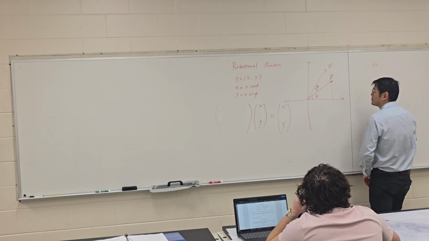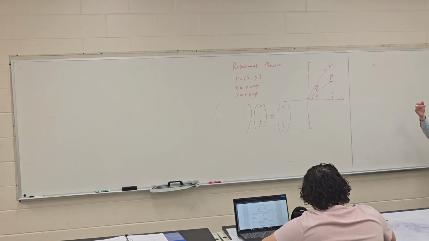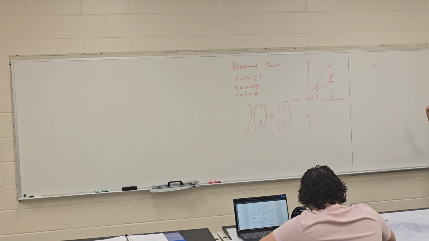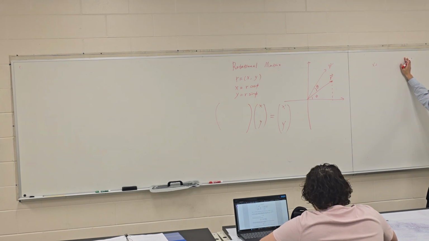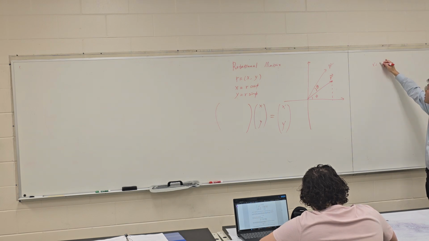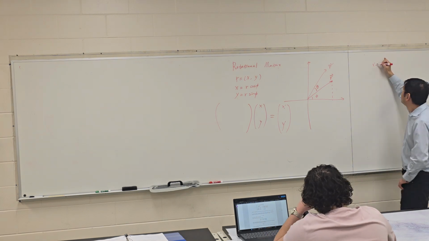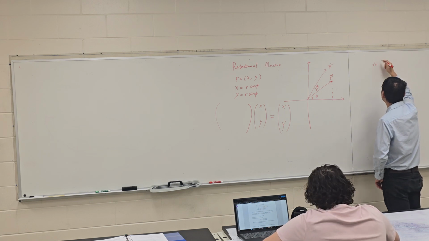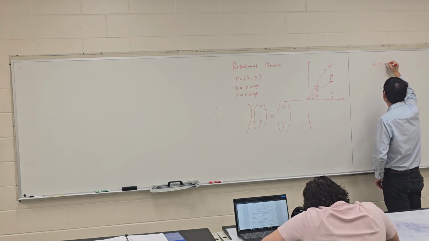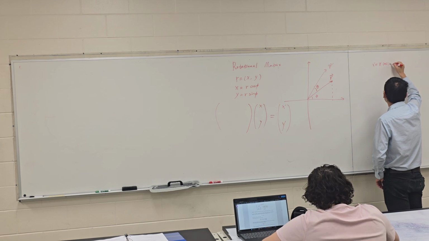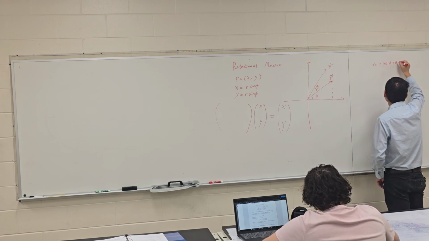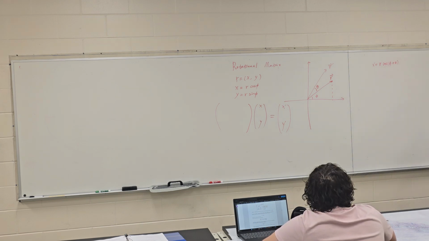So what would be the new coordinate x prime now? If we rotate, the magnitude is not going to change, right? The length of the vector is not going to change, so it stays as R. But its x coordinate is going to be R cosine of phi plus theta.